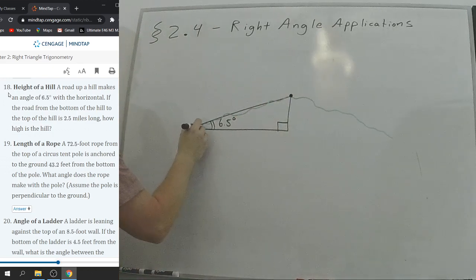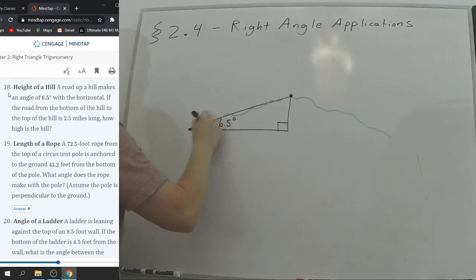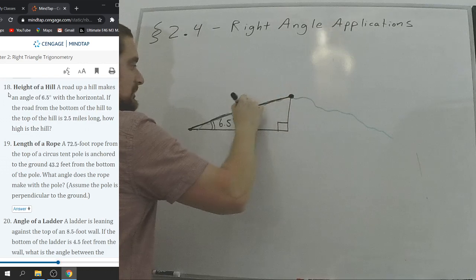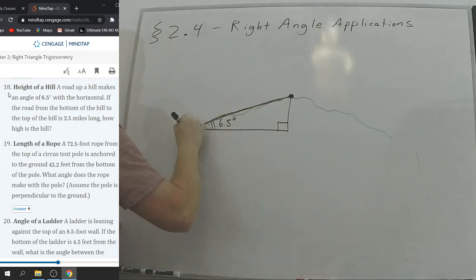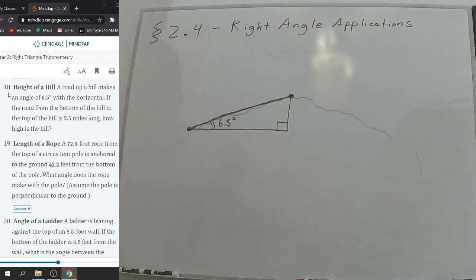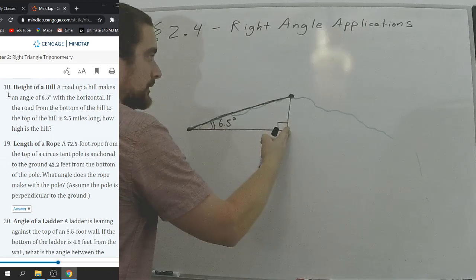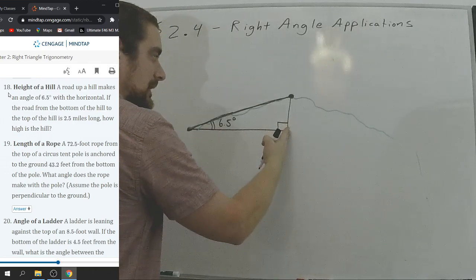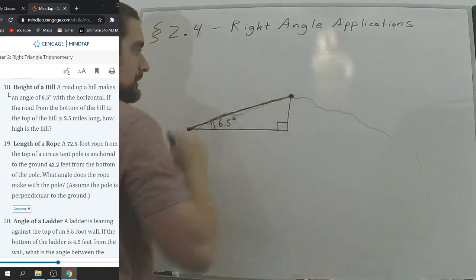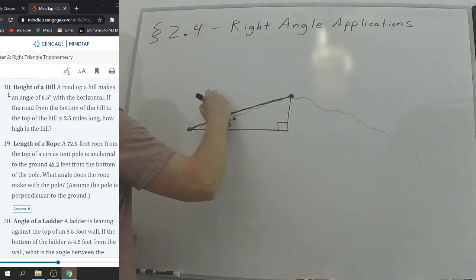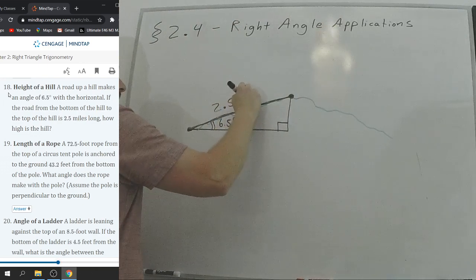We can look at the road going from the bottom of the hill up the hill. We have to do a little bit of assuming here to simplify the mathematics. We don't have all the tools to measure every little nook and cranny going up that hill, but we can form a right angle by looking at the horizontal going towards exactly underneath where the highest point of the hill is, and then going up to where that road stops at the top of the hill. That road is 2.5 miles.